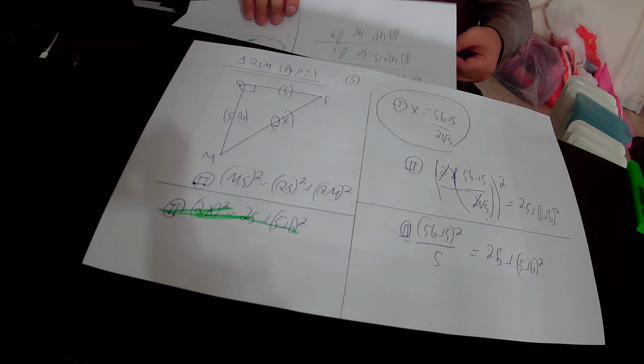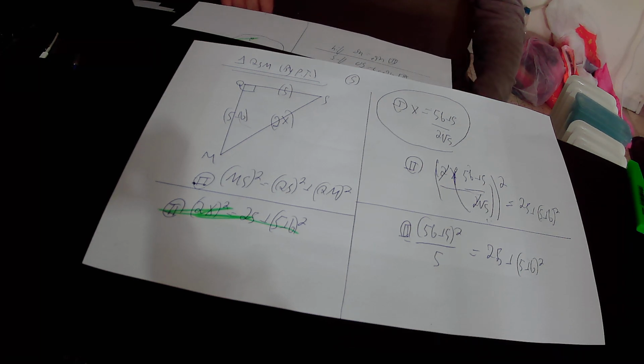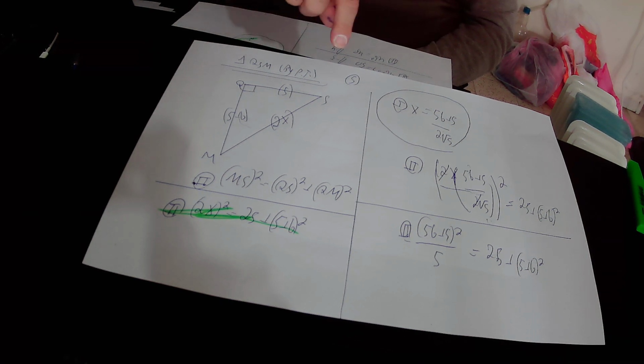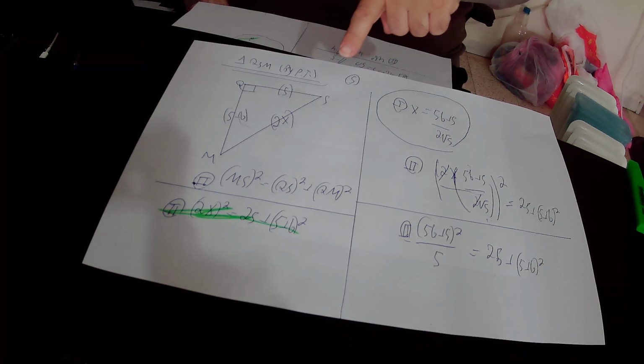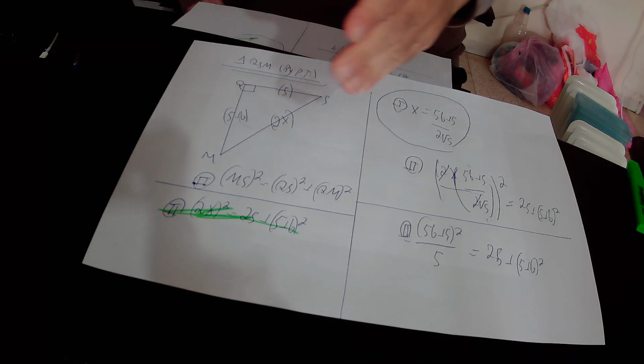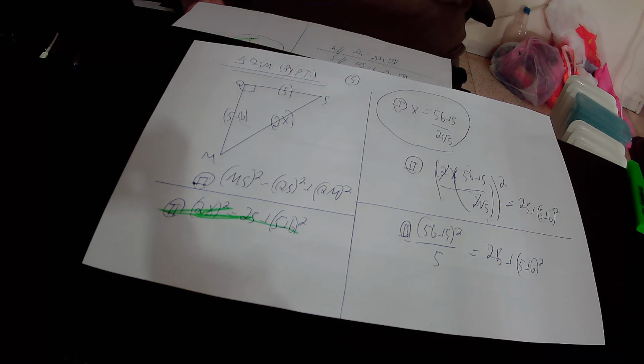According to the Pythagoras theorem, in this right triangle SQM, SM squared equals SQ squared plus QM squared. Again, SM squared equals SQ squared plus MQ squared. SM is 2x, therefore SM squared is (2x) squared, and it is equal to QS squared.